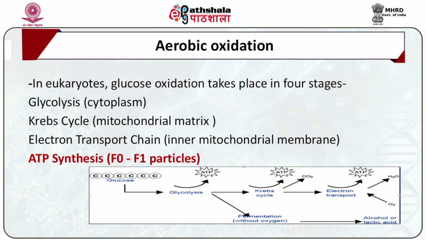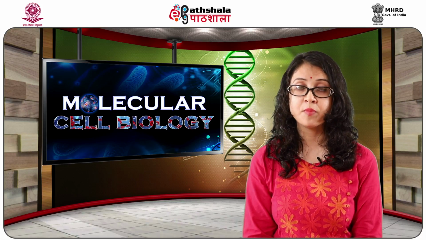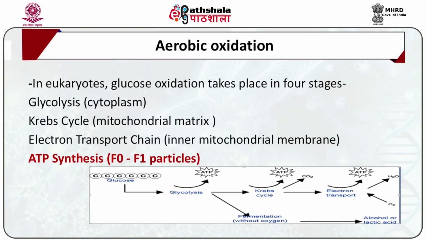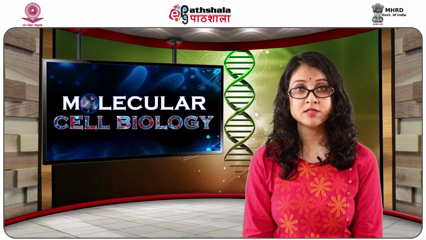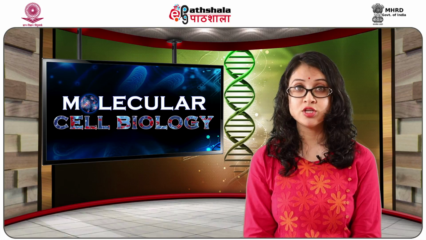Stage 1 is glycolysis. It occurs in the cytoplasm of the cell and involves the conversion of 1 molecule of 6 carbon glucose into 2 molecules of 3 carbon pyruvate. Stage 2 is the citric acid cycle, which takes place in the mitochondrial matrix and involves the oxidation of 2 molecules of pyruvate into CO2.